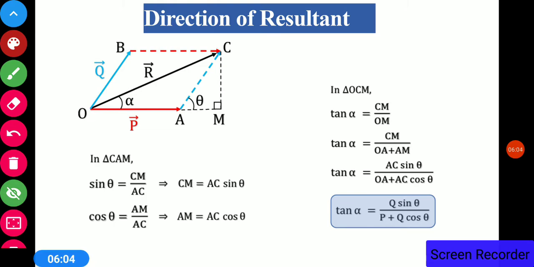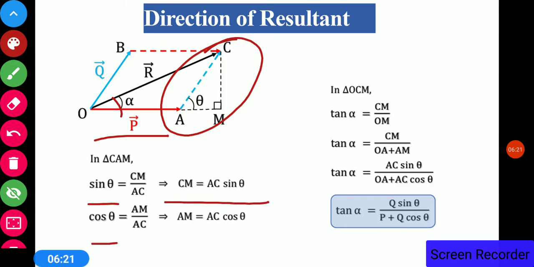Now the direction also, because without direction the vector has no sense. To find its direction, let it be making angle alpha with P. From the triangle CAM, with sine theta and cos theta, we can find CM is equal to AC sine theta and AM is equal to AC cos theta.